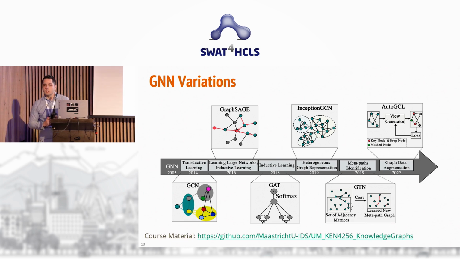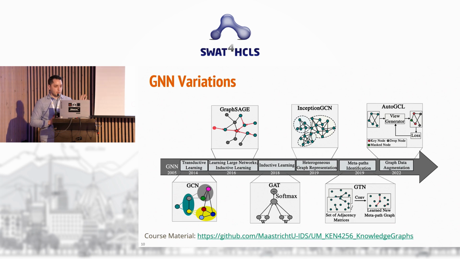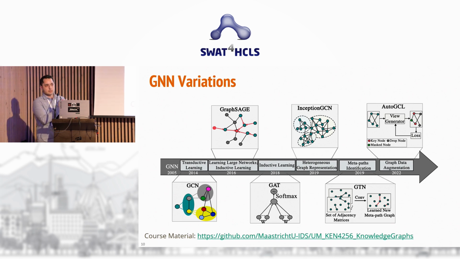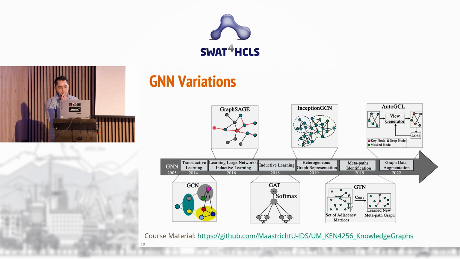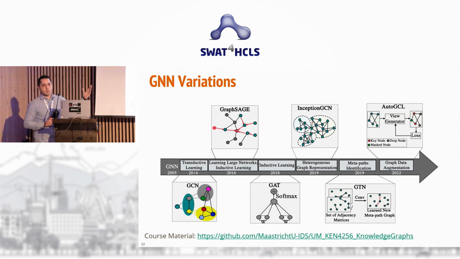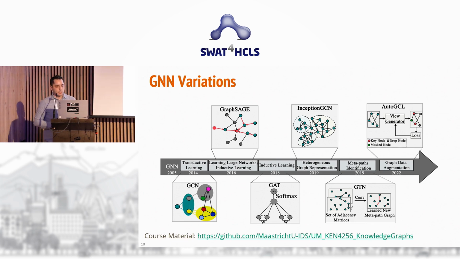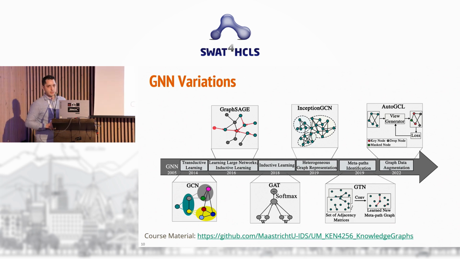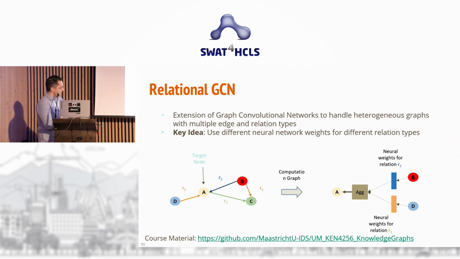Then around 2019 is where heterogeneous graphs got popular, and this R-GCN, relational graph GCN or GNN that I'm talking about, is a type of heterogeneous graph method, because these ontologies are by nature heterogeneous, and then so on and so forth, different variations, just to put things in context.